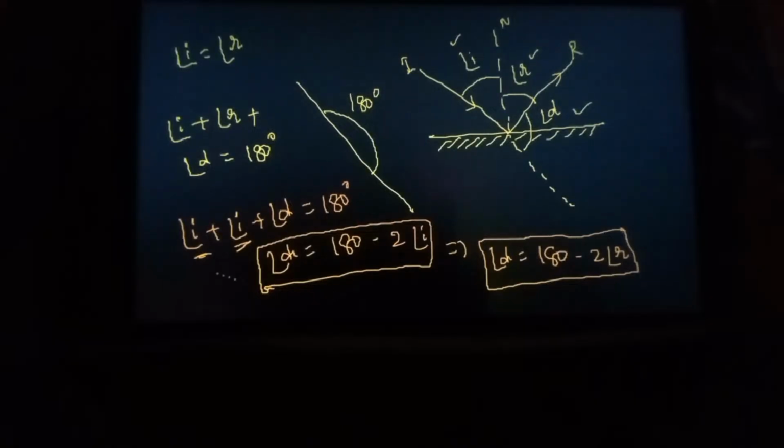And we can go to the next one. Next we will go with the types of reflection. There are two types of reflection. The first one is regular reflection.